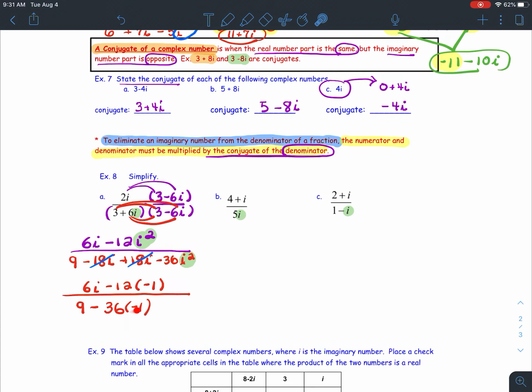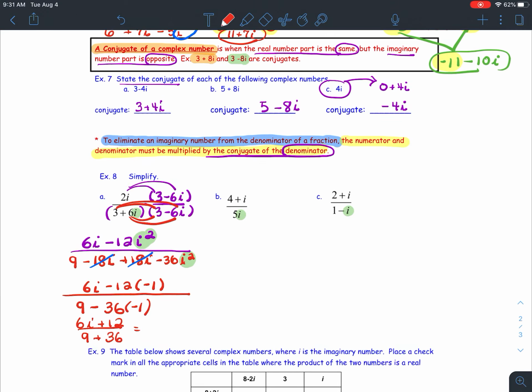Okay, so we're almost there. Keep in mind there is multiplication in between this negative 36 and negative 1, as well as this negative 12 and negative 1. So that means I'm going to have 6i plus 12, and in the bottom I'm going to have 9 plus 36. I'm going to reorganize this because when you write your final answer, you always want the real number to come first and the imaginary number to come second.